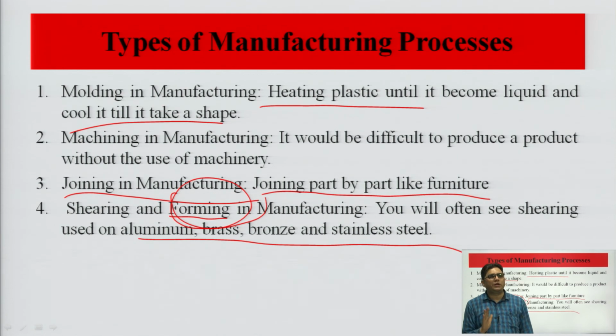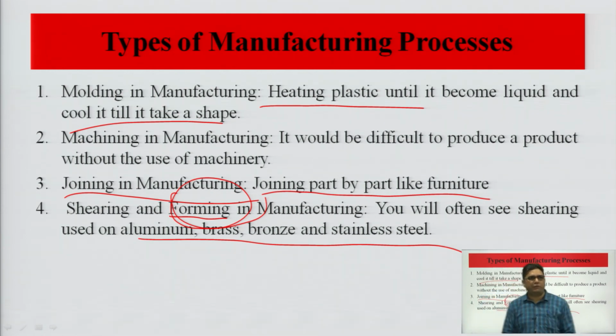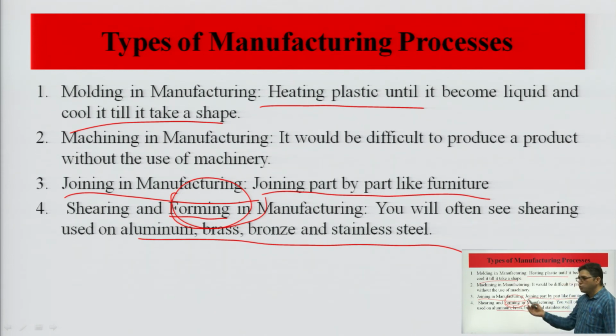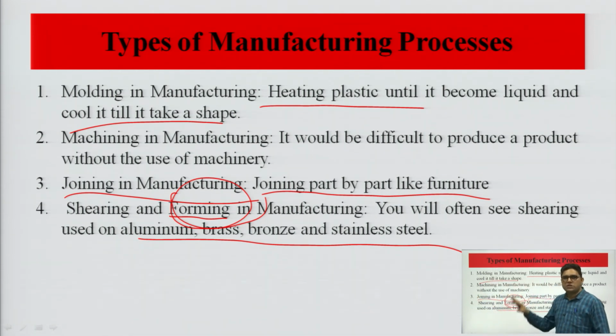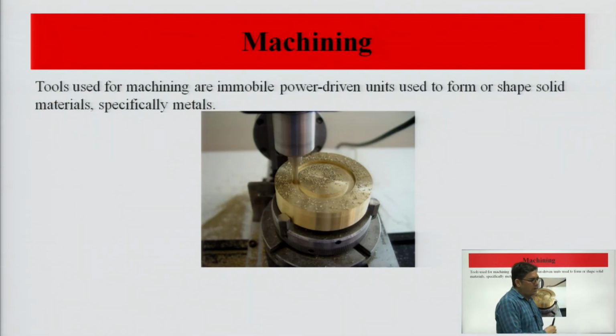We are not in a position to build any equipment without it. Next, it is about joining. We use multiple points and multiple joints. Next, it is about shearing and forming. Now, for these processes I am going to show you some visual examples of each of them. Next, it is about machining.